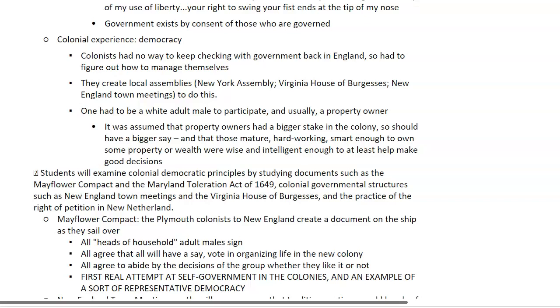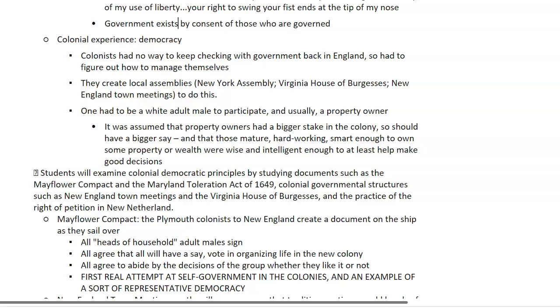They arrive in the New World, they're part of England, but it takes at least 6 weeks to get back to England by boat and another 6 weeks for a message to get back to America. So at minimum, if you have a problem here in, say, Plymouth Colony, and you have to keep checking back home, it's a 3-month turnaround time.